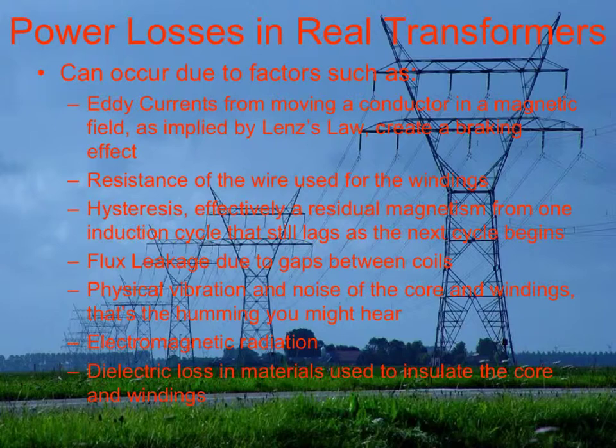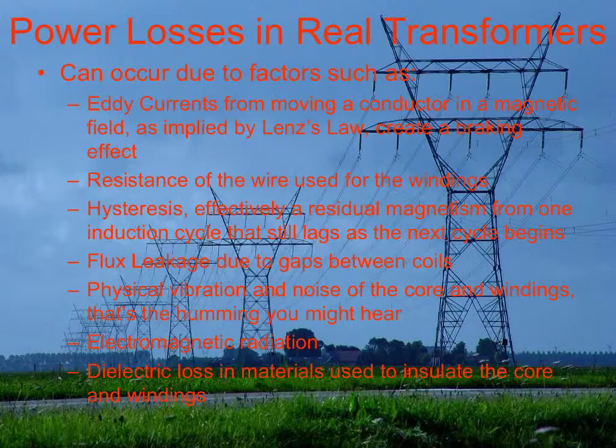If you remember Lenz's law, we've said that the currents are going to create fields that oppose changing the magnetic flux, and that actually happens here. And so those are acting against the movement of the coils, and it creates almost like a braking effect within the generator.